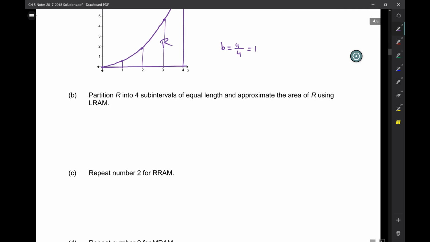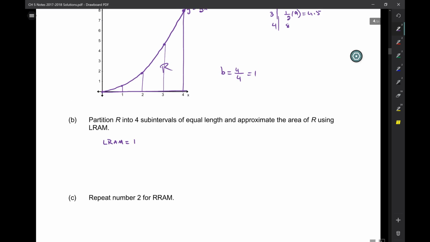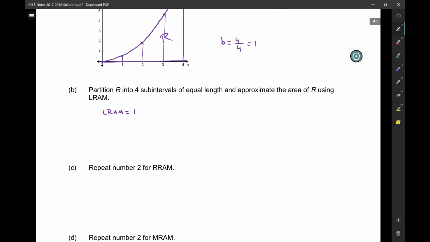Okay. So LRAM is going to be 1. You remember what I said? When the base is all the same, I don't have to write it each time. So for the next one, 1 times what?